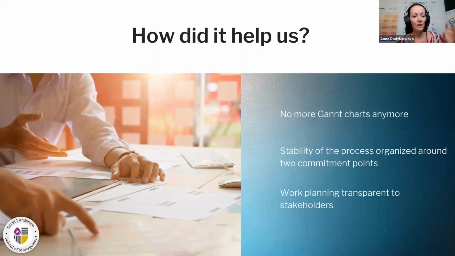understanding of where we are, what we are going to do next, what we are going to work on next, and when we need to commit to the delivery date. And the way we planned the work was very transparent to stakeholders. Everyone, not only the business, our immediate customers, but everyone involved in this process, also infrastructure teams, also our PMO department, also the testing teams. And this work planning, again, happened around these two commitment points.